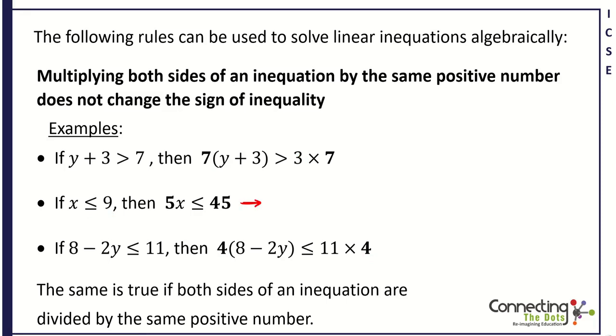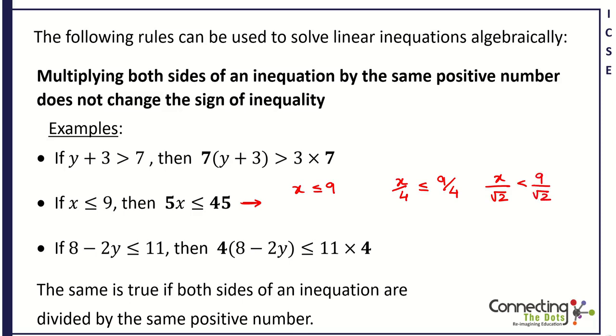Let's take this one. We have the inequation. We can divide both sides of the inequation by the same positive number, and the inequation does not change the sign of inequality. Here I have divided both sides by the same positive number 4, or I could divide it by the same positive number square root of 2.